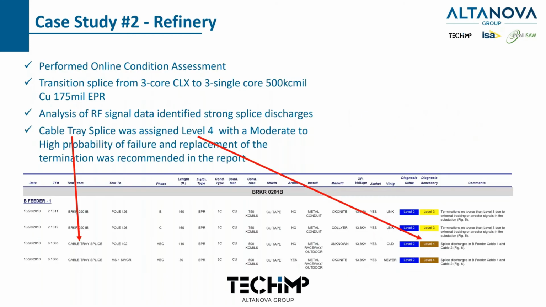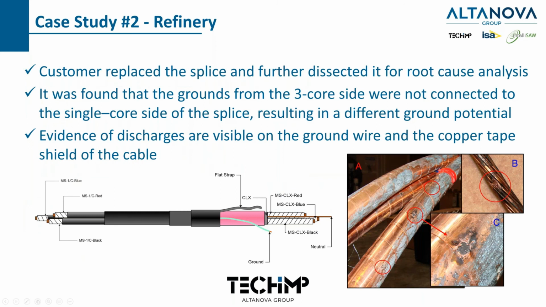Okay, one more case study. This is a refinery. Actually, Martin was on this job. We had performed an assessment of it. What it was is they had spliced in a 3-core cable to a single core cable, and then they had forgotten to ground the single core, I believe, which resulted in a different ground potential.